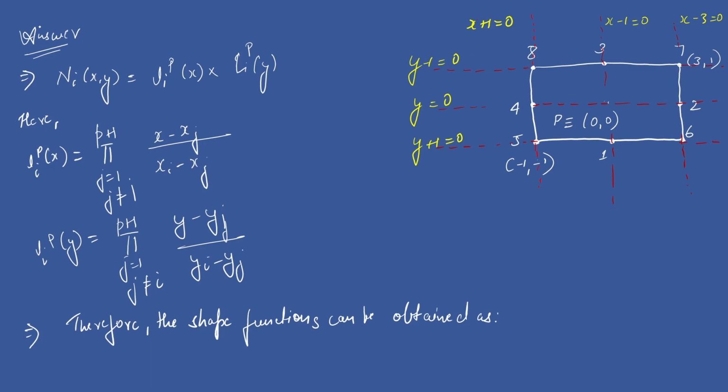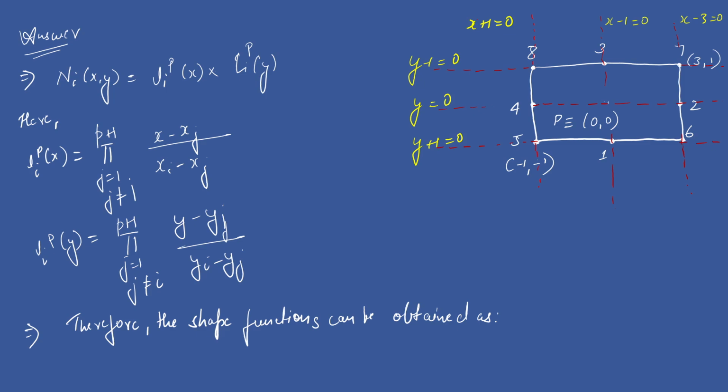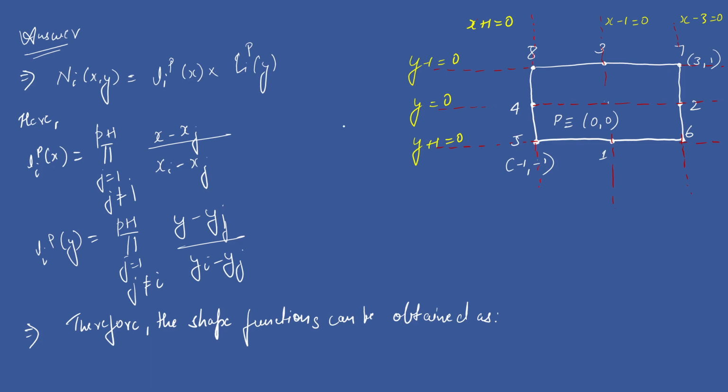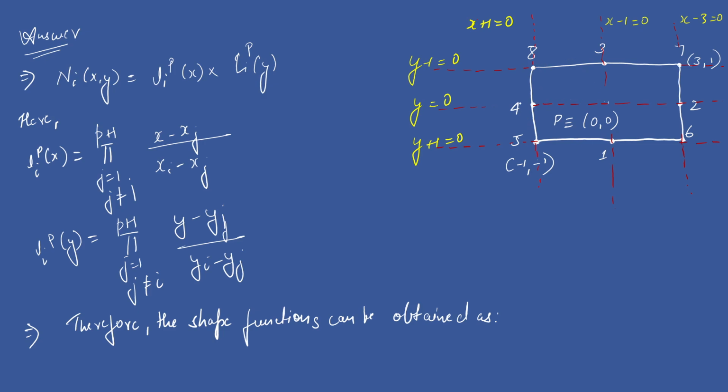So for n2, we need to calculate what is LIPX, right? So you need to take the equations of those edges into account, which is not coinciding with that particular thing. So let's say n2, you need to consider this particular edge and this edge, and for the x you need to consider this particular edge and this particular edge.